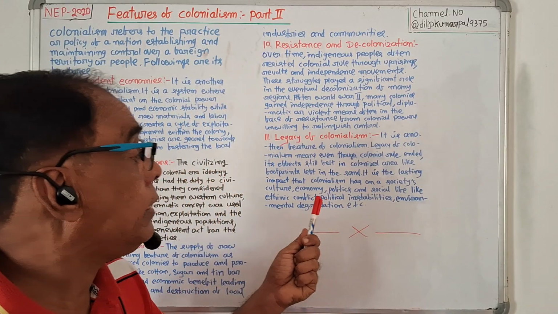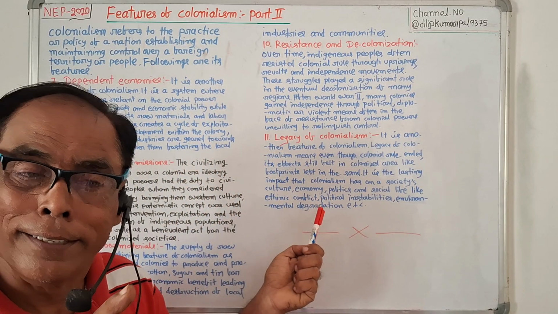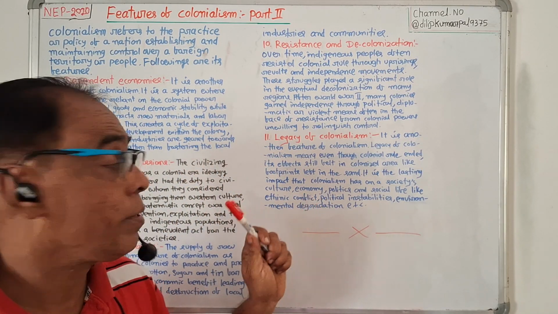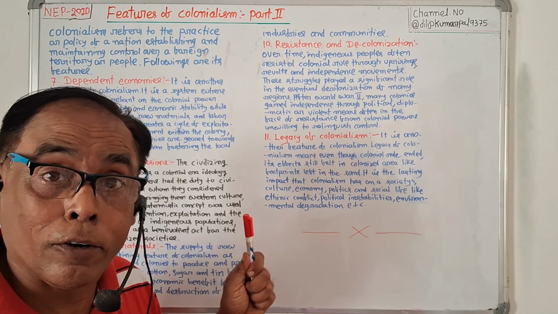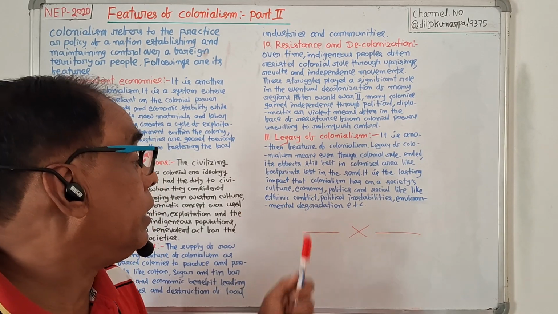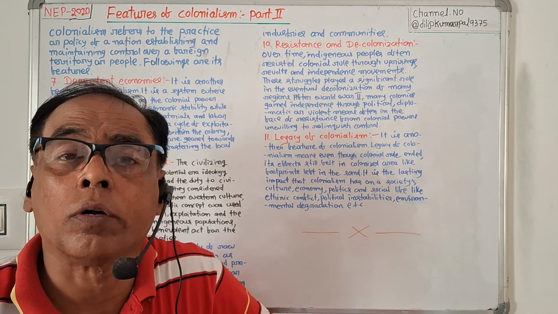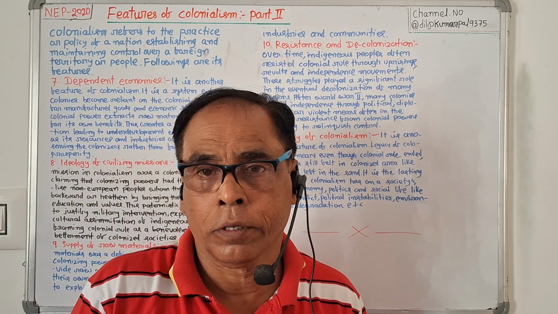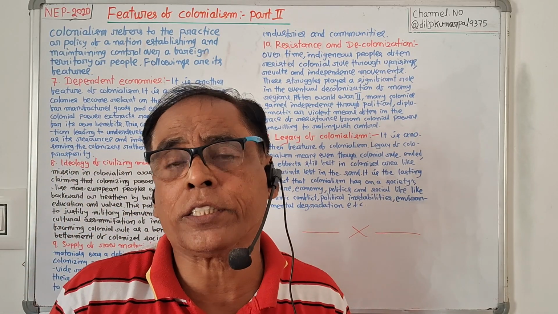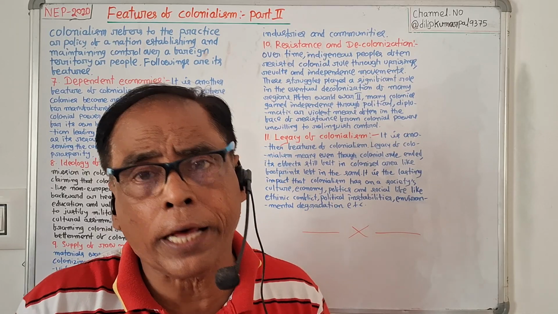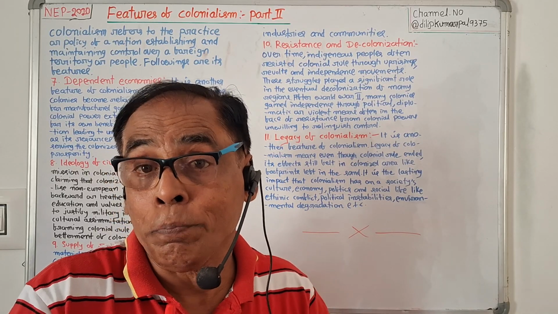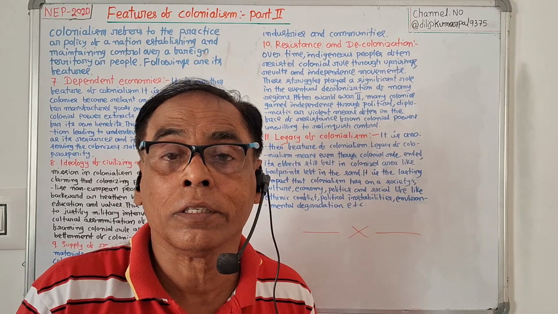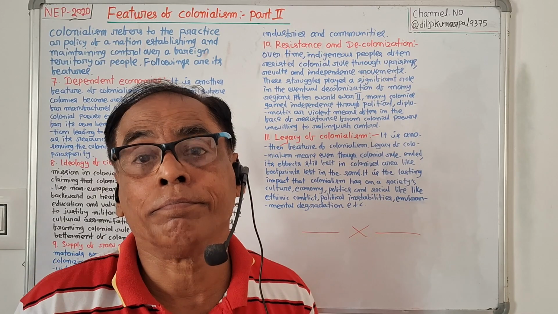Results were political instability, then ethnic conflict, then environmental degradation in the colonial area. When the colonial powers were unable to face different types of uprisings by the colonial people, many colonial nations left and gave independence.